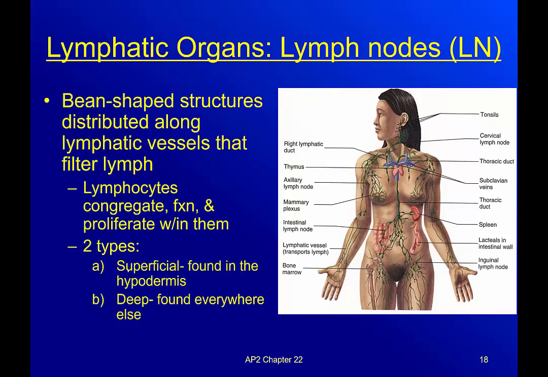When you get sick, this is where those lymphocytes actually start to reproduce. It's at least one of the places. You do have 2 types of these. You've got the superficial ones that are toward the surface of your body. These are the ones that the doctor will palpate if you say your throat hurts. And then you've got those that are deep in the tissues where your organs are. Those can't be palpated.